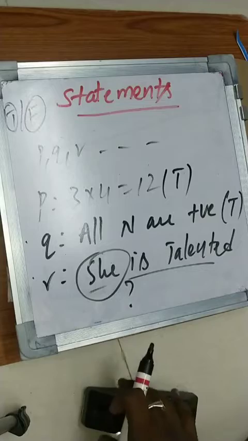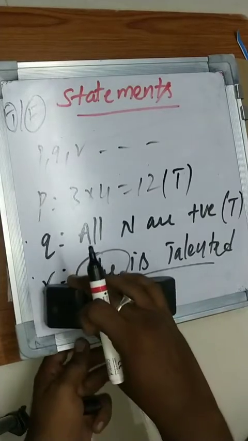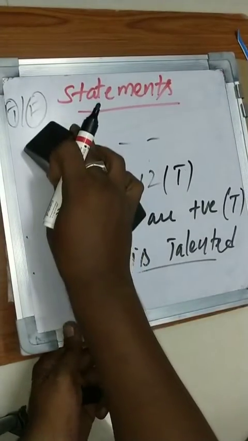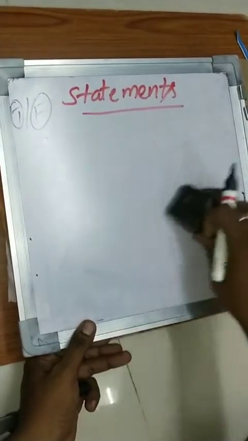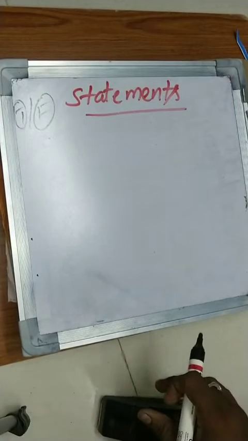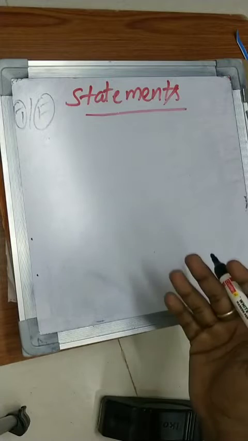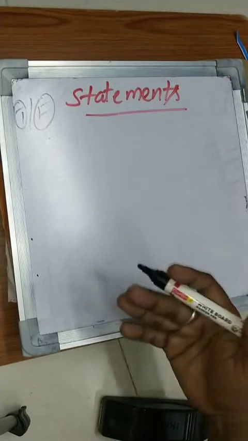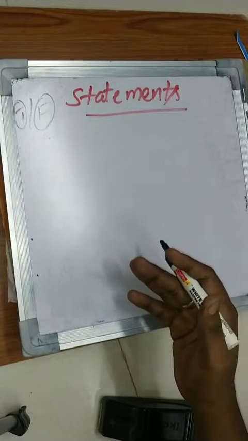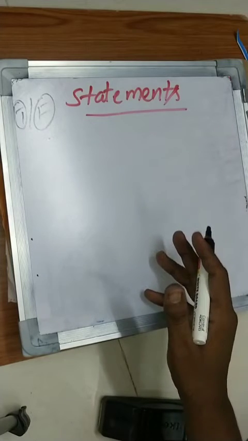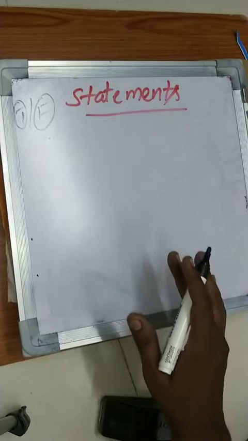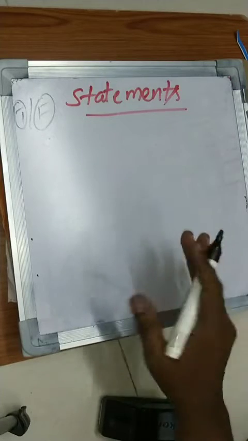Clear? I hope you now got the clarity. So what is actually a statement? A statement is a sentence which is either true or false, but not both. Now, just as in a sentence you have connectives like and, but between two or more sentences, in statements also we have connectives.